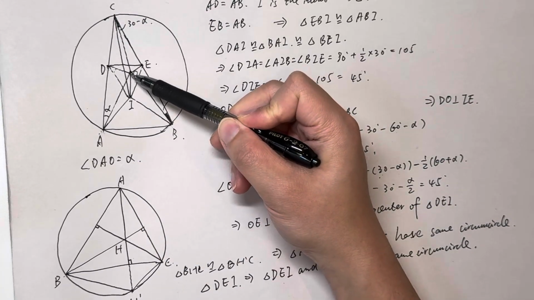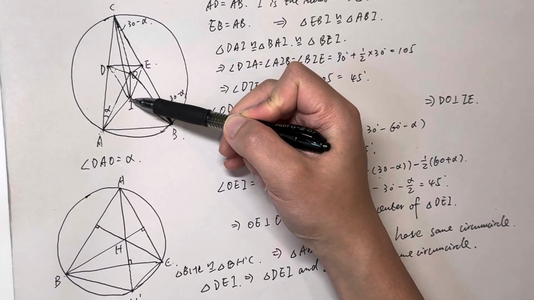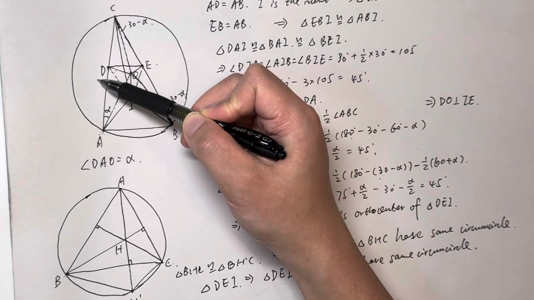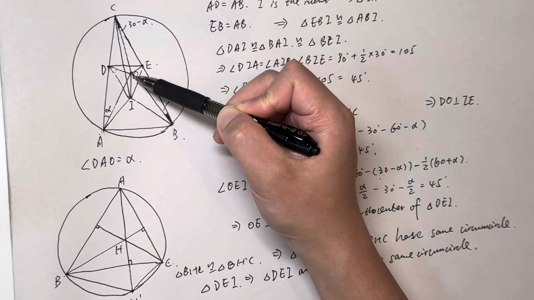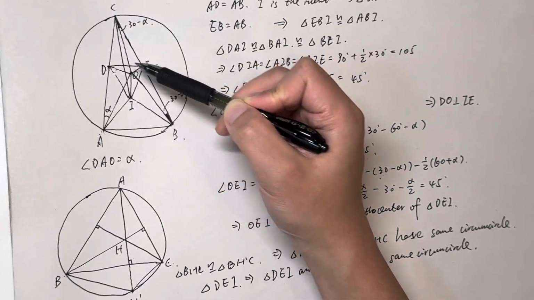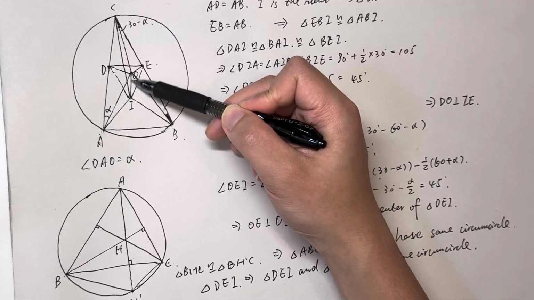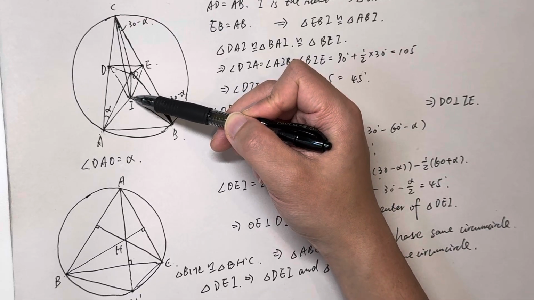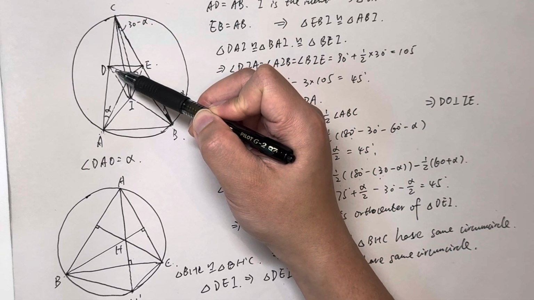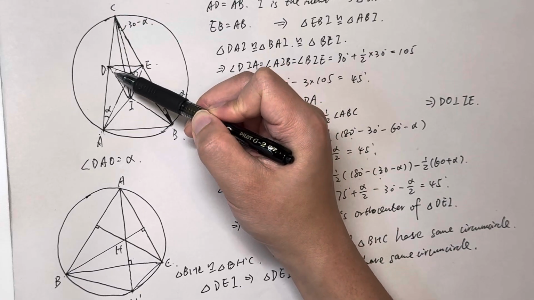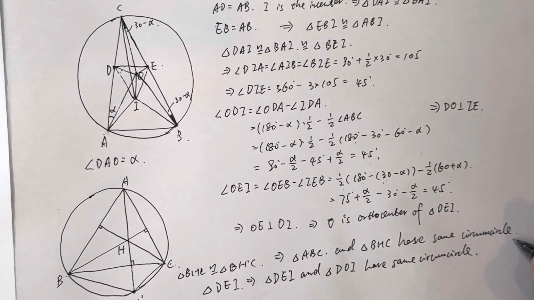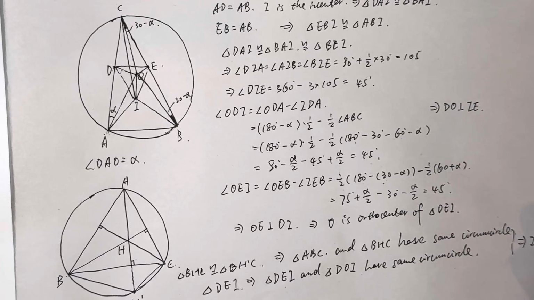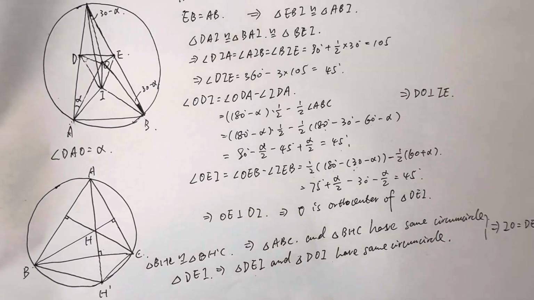And for the chord OI, right, in the circumcircle of the triangle ODI, for the chord OI, it refers to the circumferential angle IDO, which is 45 degrees as well. That means IO equals DE. Okay?